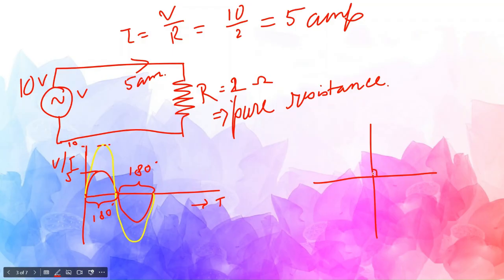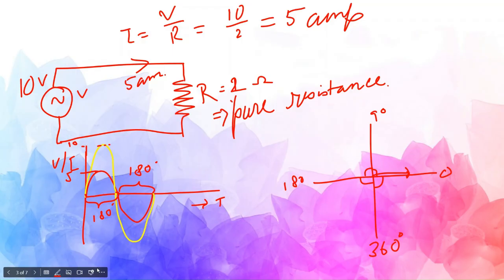This portion is 90, this is 90, this is 90, again this is 90. Now if I draw this as 0, this is 90 degrees, this is 180 degrees, and this is 360 degrees. So that is what I'm going to draw.